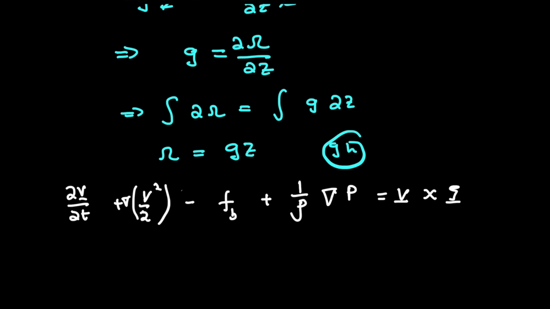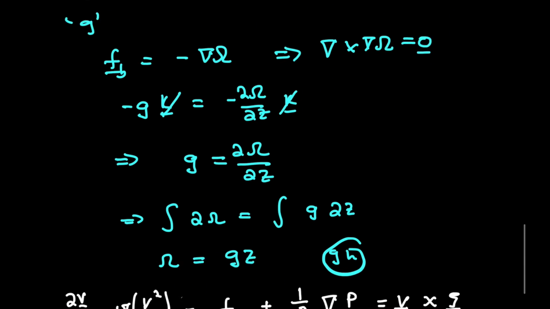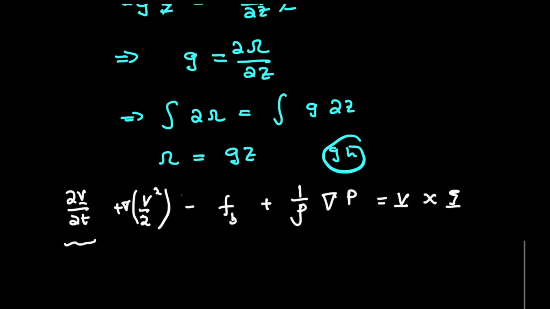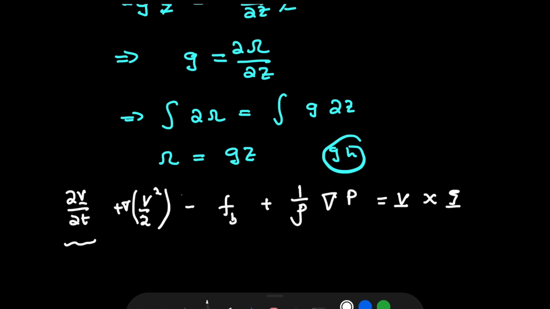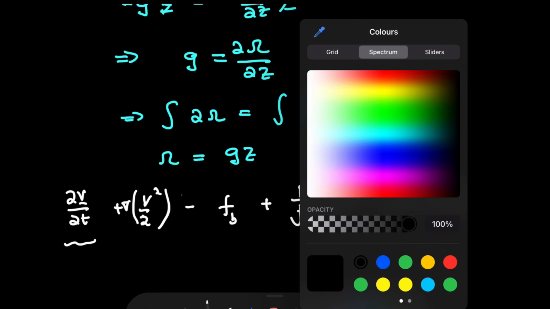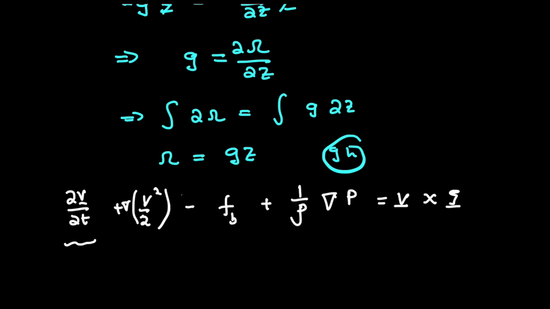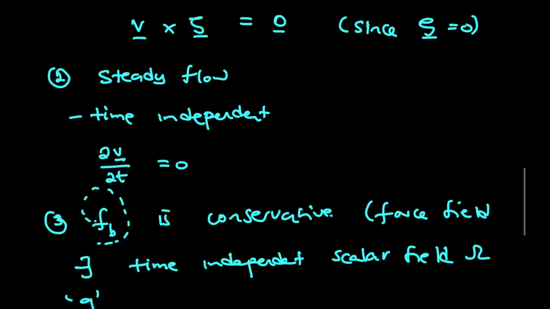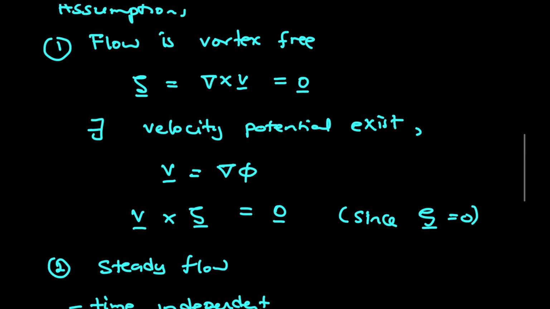So from the assumptions that we have made, let's start with the first term over here. This term equals 0 because we assumed a steady flow. As you can take note on the first assumption, there exists a velocity potential.